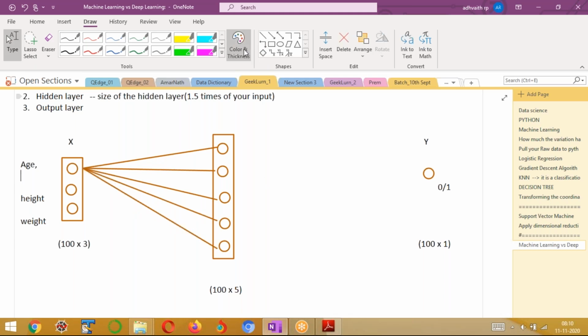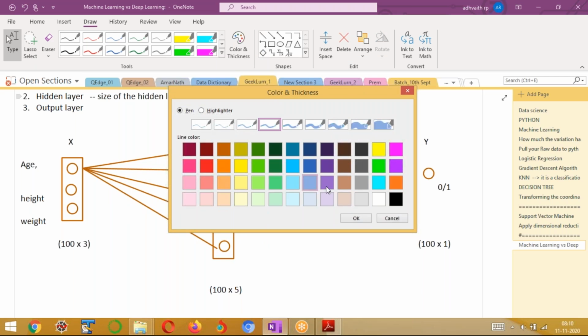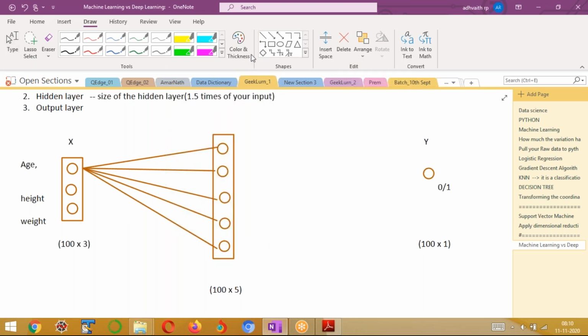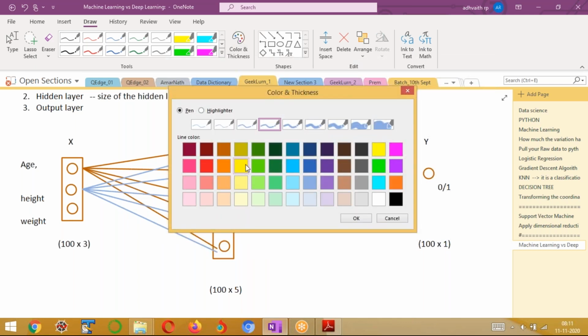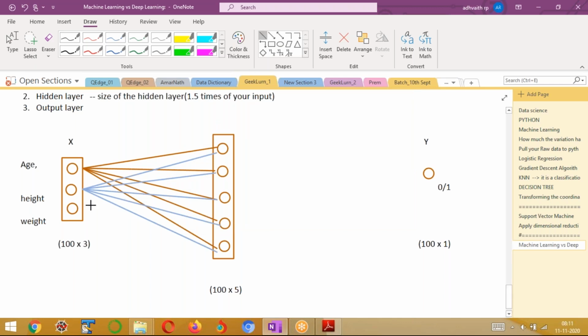Like this it is going to happen. Now I also need to take the second one like this. This is what actually happens. You can imagine how big an architecture is going to form here. So many lines now. I also need to take another line from here.